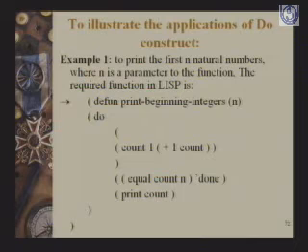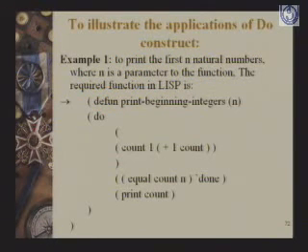But in order to explain the significance of the do loop in the definition of print beginning integers, n is a parameter which indicates that we will be printing the first n natural numbers. The iterative part is that the count is incremented by 1. The terminating condition is to find out whether the value of count is equal to n or not, and in that step itself we will print count, because when we check the terminating condition, we can give a number of steps, and one of those steps may be print count.